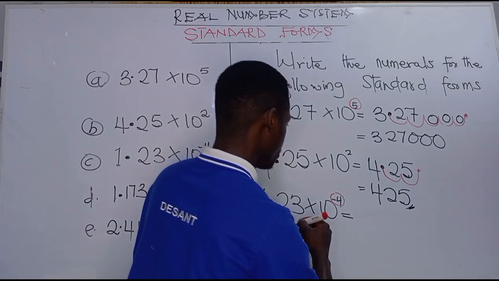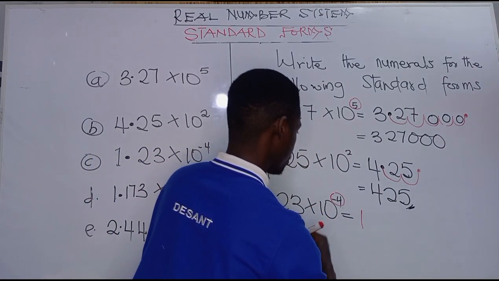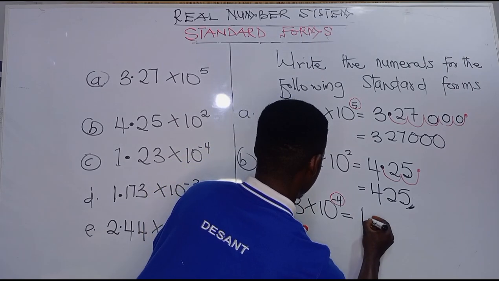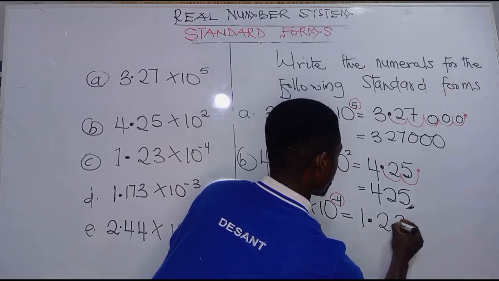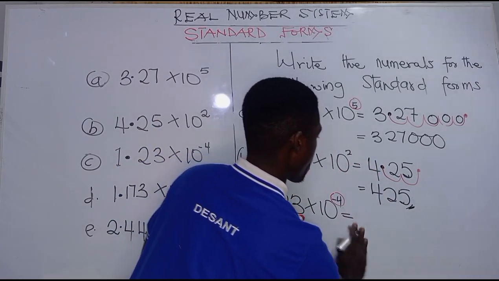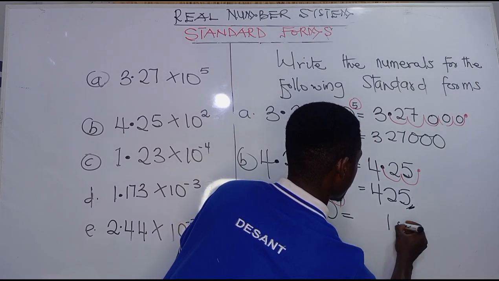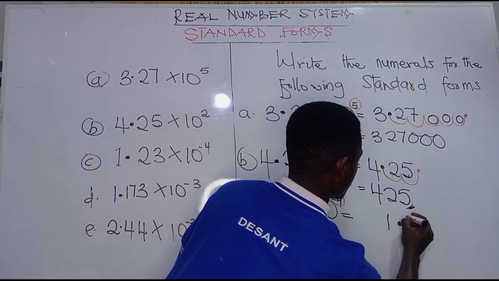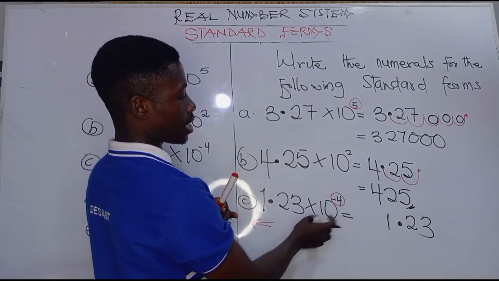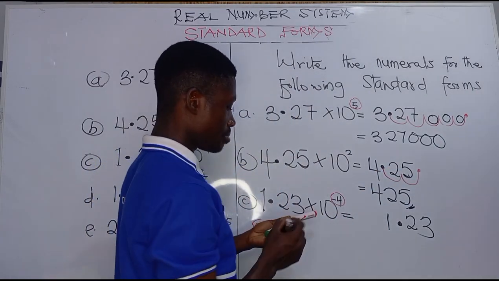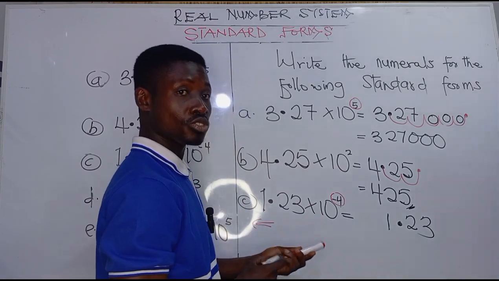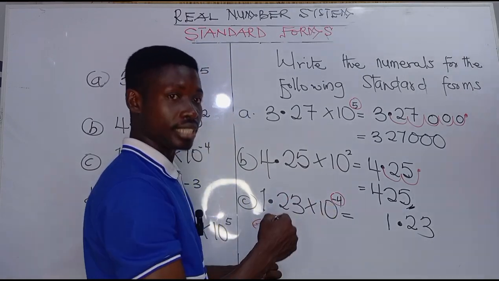So we have 1.23 and we have a negative power. So it means we are going to move the decimal point to the left 4 times.